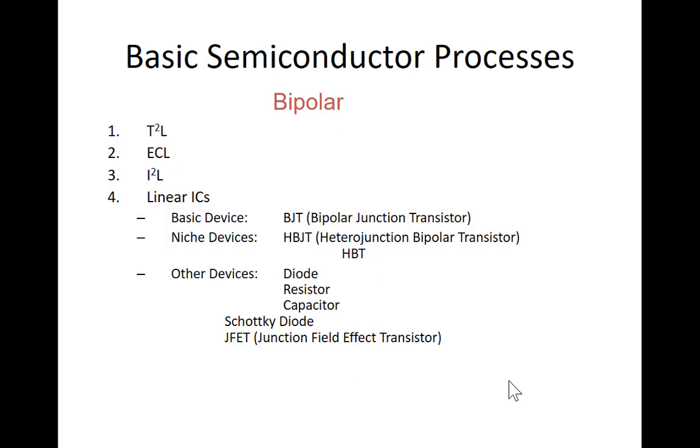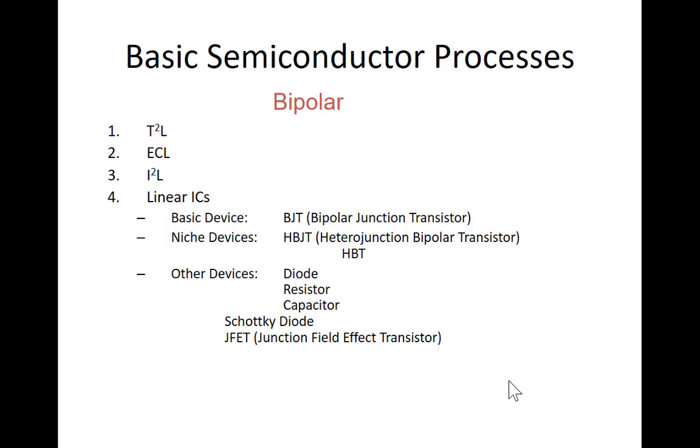In the bipolar area, remember bipolar came before MOS in production. We have TTL processes. That was the dominant form of logic probably up until about 1990. We have emitter coupled logic. Emitter coupled logic is faster than TTL, and the supercomputers probably up until maybe close to 2000 were made out of ECL.